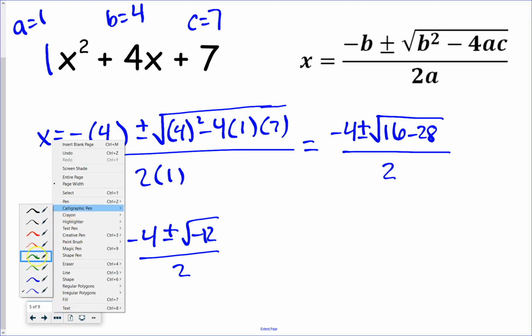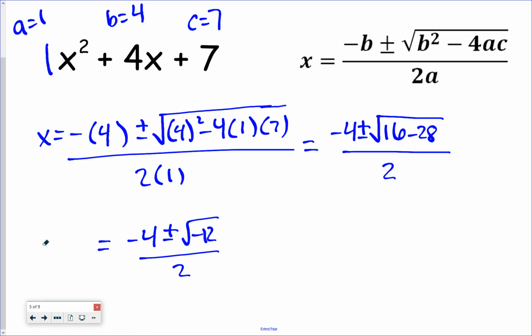All right. Before you start crossing things out and multiplying and simplifying, we have to simplify our radical. What is the square root of negative 12? Well, we can break it apart. 4 and 3. And also, don't forget that negative 1.